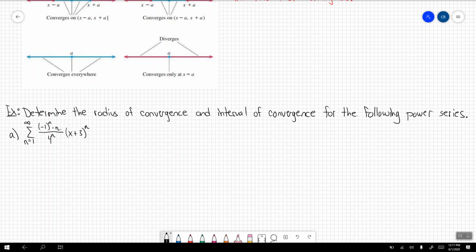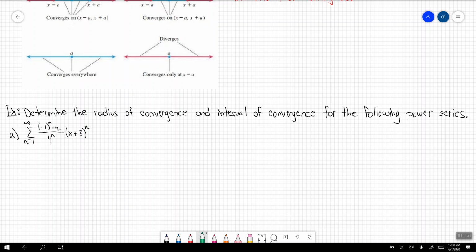Alright, so here we are. We now need to determine what is the radius of convergence. This is telling us that, given this power series, we know it's going to converge, but now all we need to do is figure out on what interval and what is the radius of that convergence that will be taking place.